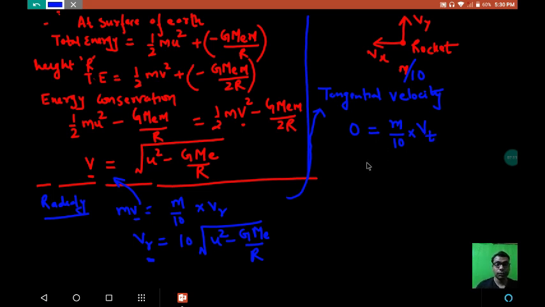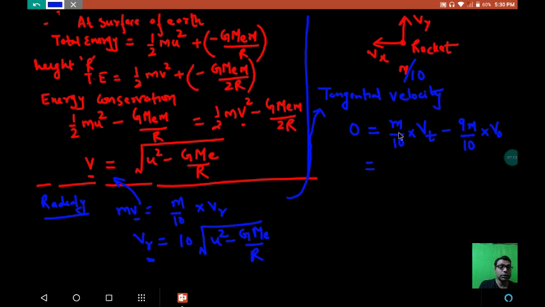Remaining mass is what? 9m by 10 of the satellite. Satellite is moving now with the orbital velocity, that is under root GM by 2R.